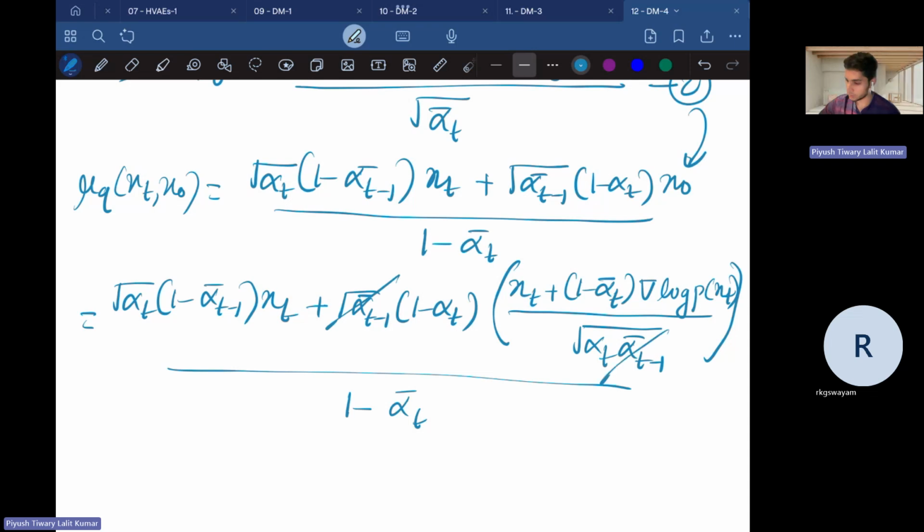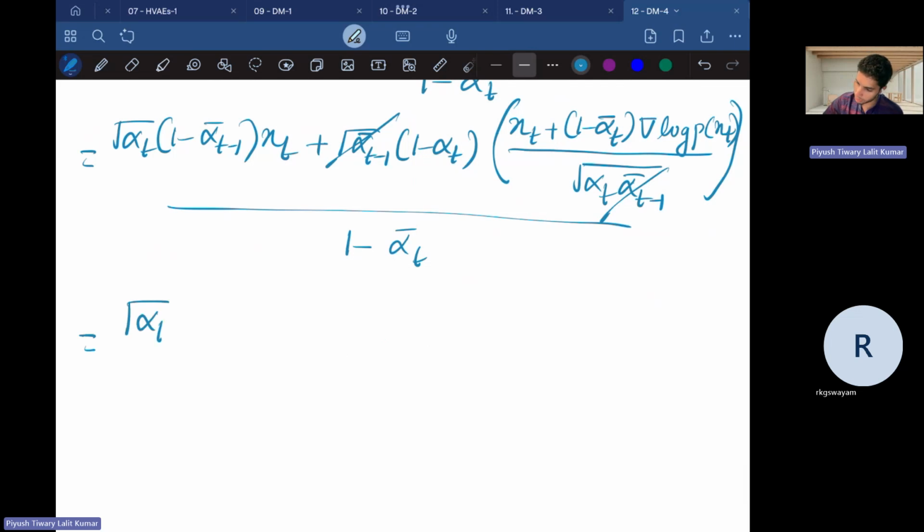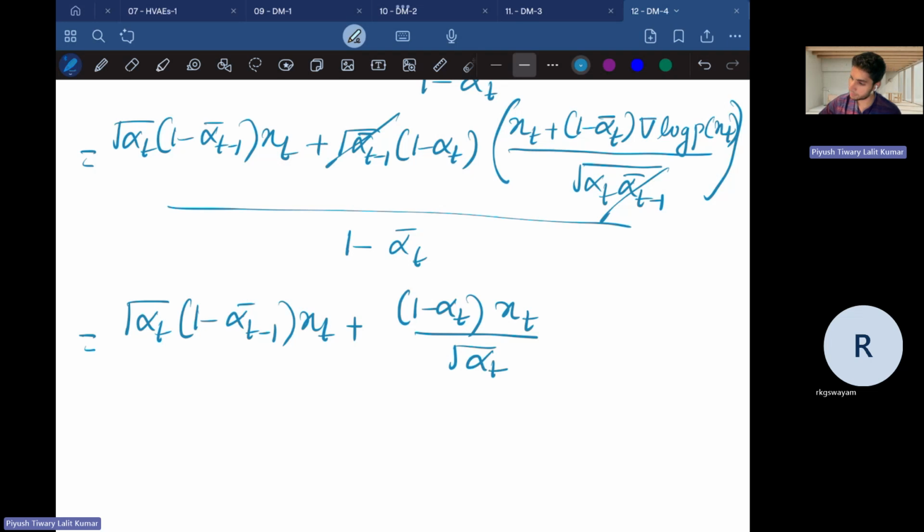Again, this thing and this thing get cancelled out. Let's write it down. So this will become square root of alpha t, 1 minus alpha t minus 1 bar, xt plus 1 minus alpha t xt divided by square root of alpha t plus 1 minus alpha t, 1 minus alpha t bar grad log p of xt, whole thing divided by square root of alpha t.